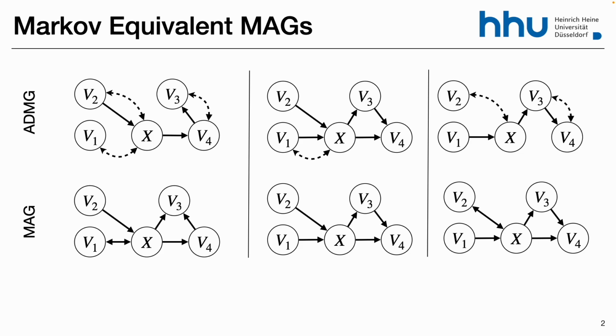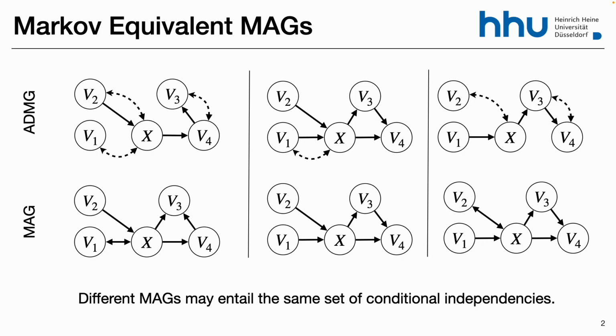So in this example, we show different ADMGs. You can use d-separation in the ADMG to see what are the implied conditional dependencies from the ADMG. This is going to be the same as computing the m-separations in the MAG. And if you check, they are going to be all equivalent.